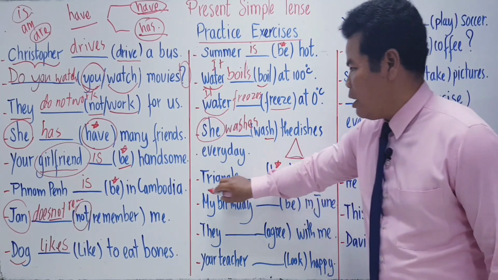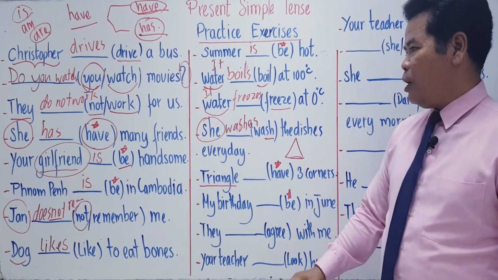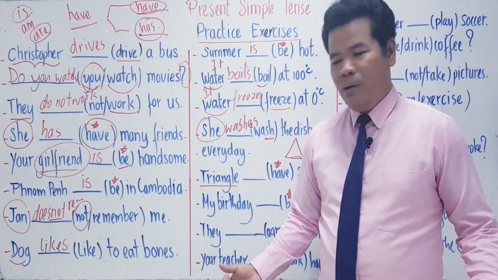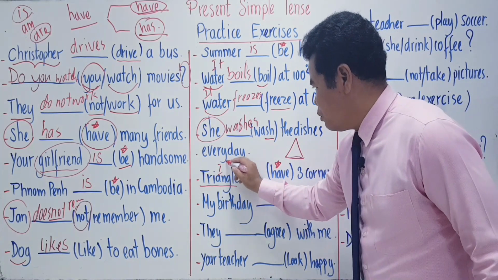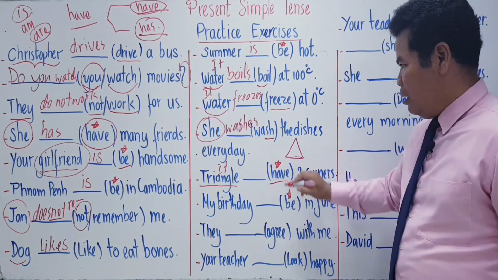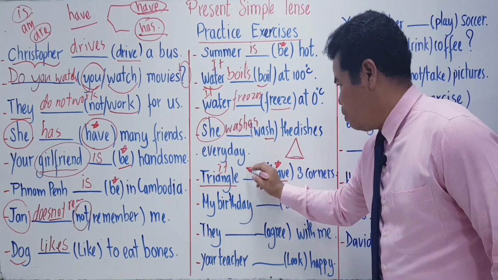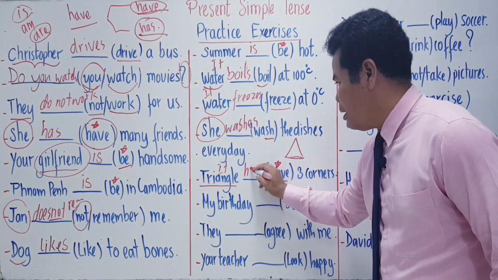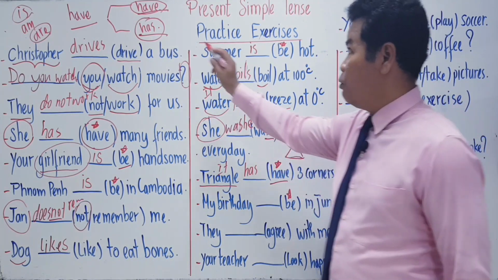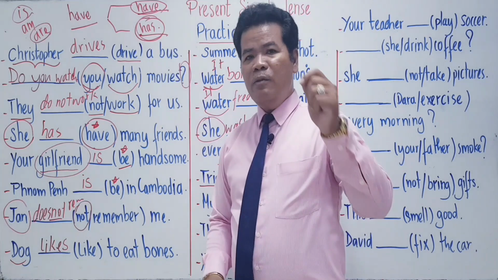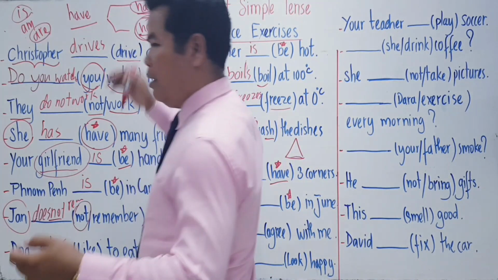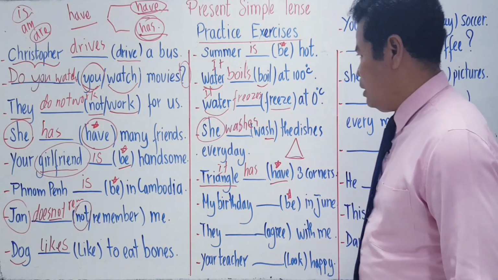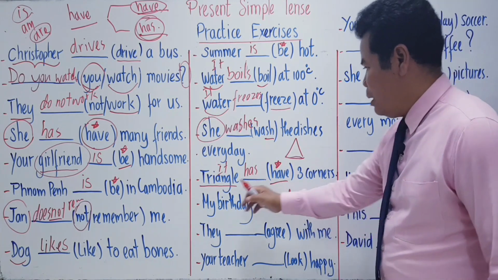Where's the subject? Triangle. How many triangles do we mention? There's only one triangle. So we use "it" to stand for triangle. And then here, can you say triangle have? No. You gotta say triangle has. We follow the rule here. I, we, you, they have. He, she, it has. Alright? Let's go to another one.